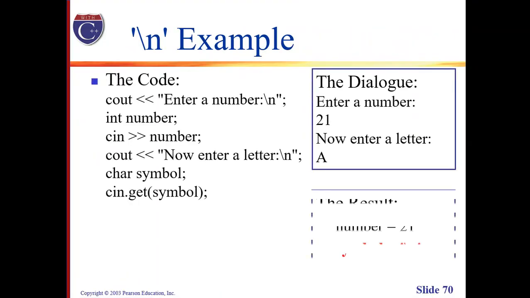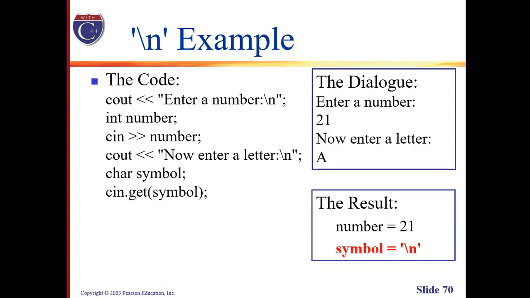Here's an example which involves the new line character. So for example, we have the following code which says cout and then the following string that we would like to output. Then we would like to receive an input from a user and then store it in this variable of integer data type.